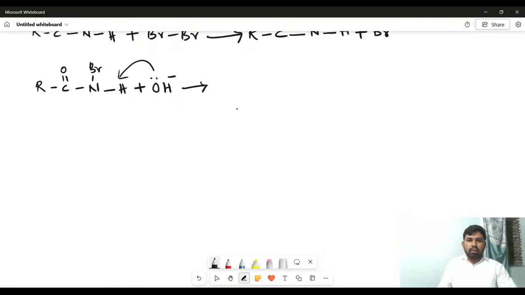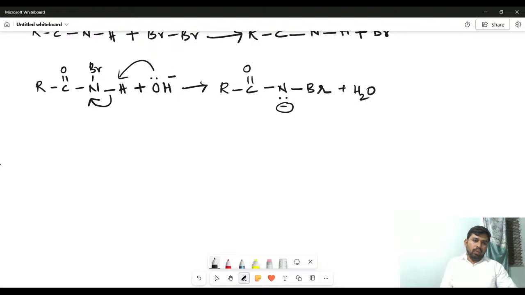Again it undergoes one more deprotonation. RC double bond O, here we have nitrogen, and the electrons will be shifted onto it, so we get a negative charge, and it has bromine. Now from this I think we get water.